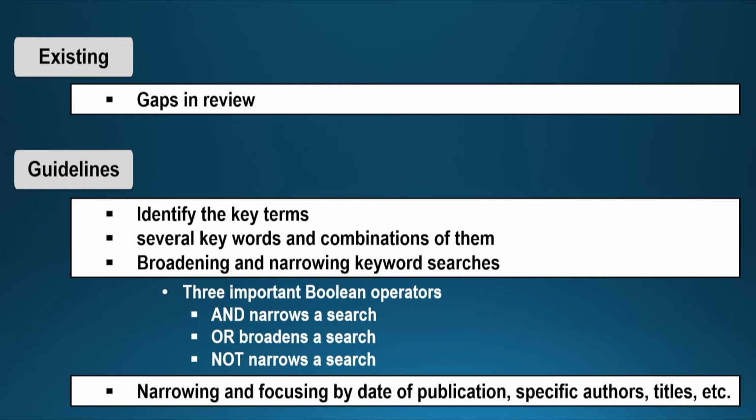If I am using emotional intelligence, I would like to exclude anxiety maybe. So I say emotional intelligence NOT anxiety, and all those studies would appear. So narrowing or broadening the search can help the researcher lay hands on the relevant literature and then synthesize that literature.